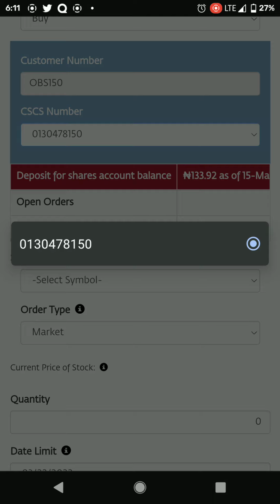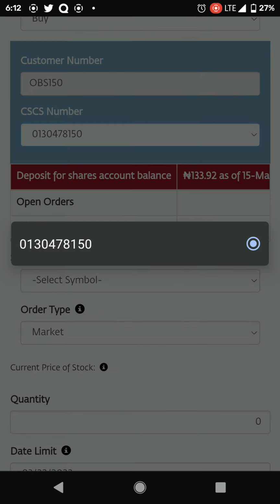Now you see there's a drop down arrow here beside the CSCS number. There's a reason for that. It is possible that you have multiple CSCS numbers. For example, you may have two different CSCS numbers for two different kinds of investments. You may have a CSCS number for a certain category of stocks, and you want to intentionally separate your accounts like that.